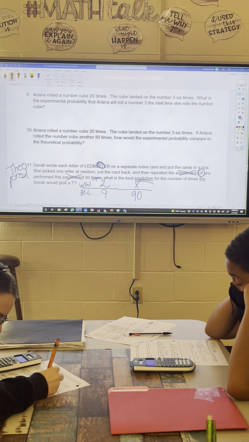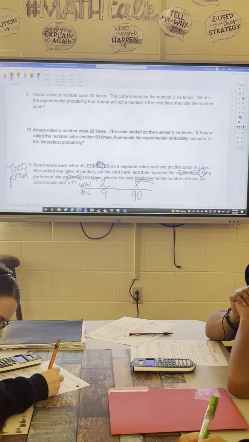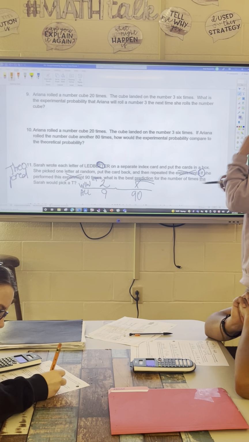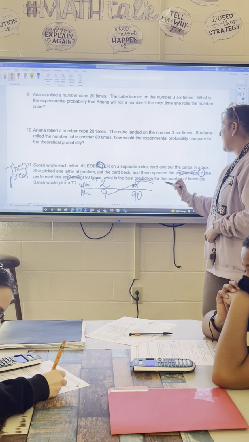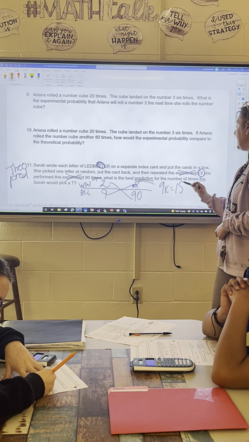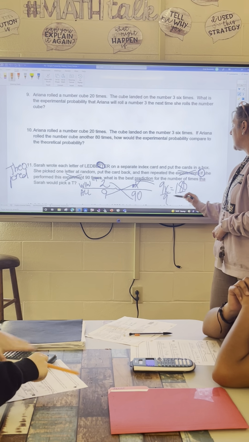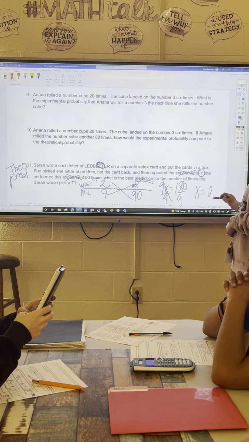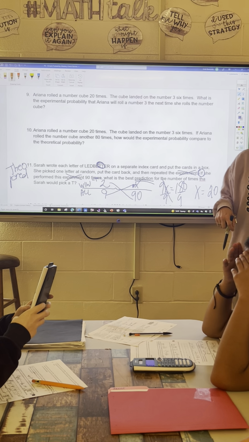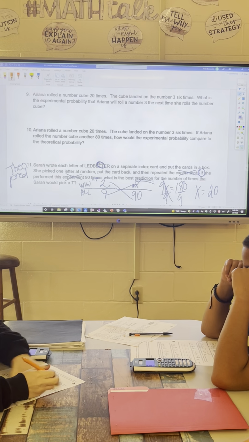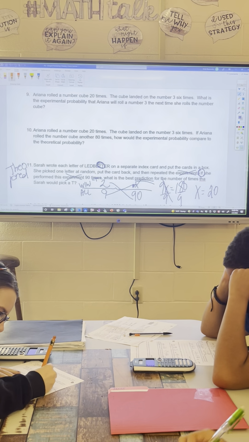Does that make sense? You've got to be able to differentiate between those two. That's going to be key. Starting here, 9 times x is 9x. 2 times 90 is 180. Divide both sides by 9. And x equals 20. So she can expect to draw the letter T 20 times when she's doing it 90 times.